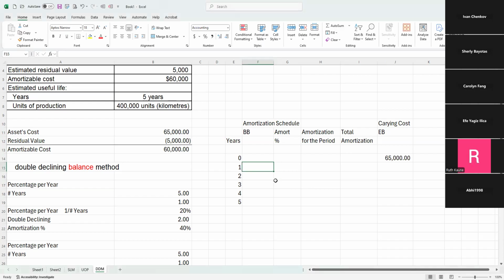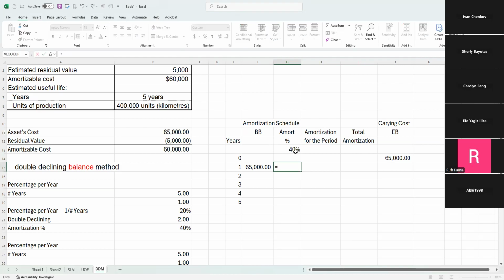So beginning balance obviously will be 65. How much is our amortization percentage? We already calculated, right? That will be equal to 40%. So how much will be my amortization first year?